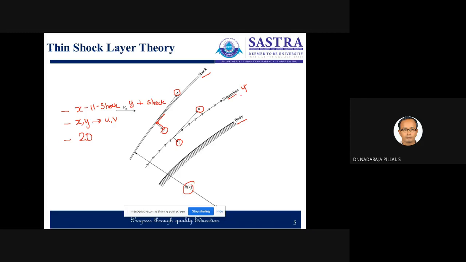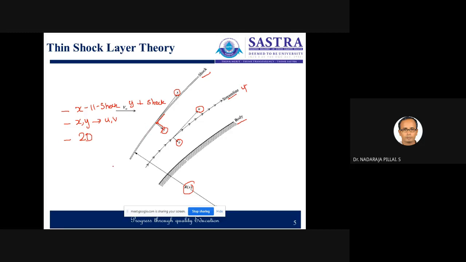And for the streamline, the stream function is ψ, right? In the shock, we consider the shock direction as x, and perpendicular to that as y, and the corresponding u and v are the x and y component velocities, and we are considering this as 2D, and r is the local radius of curvature.